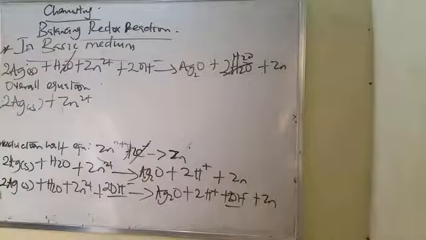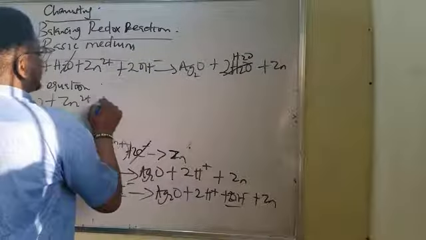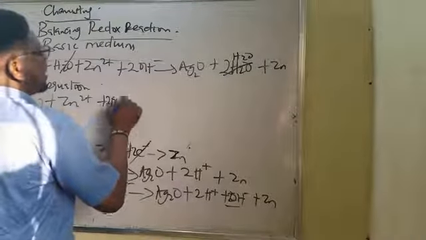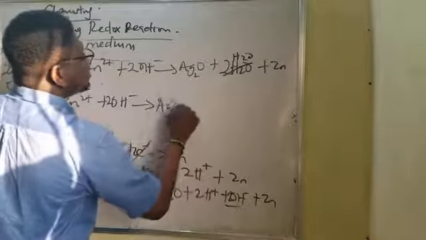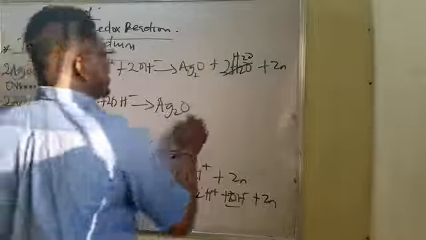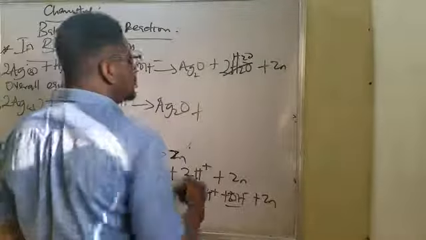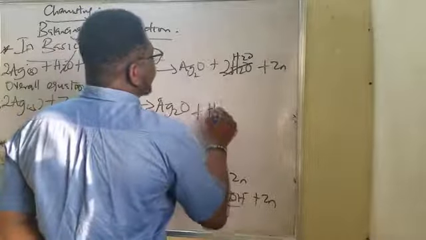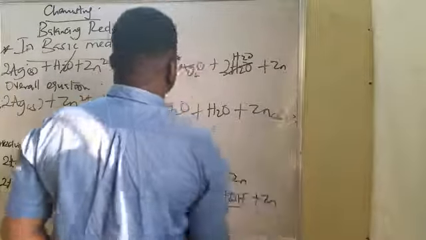It's just like I'm reducing to the lowest term. Exactly. So that is this plus 2OH minus to give me Ag2O, silver oxide, plus, because this has been removed to reduce it to the lowest term, H2O plus Zn solid.